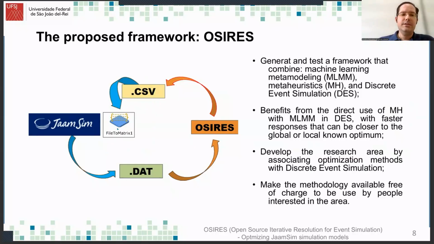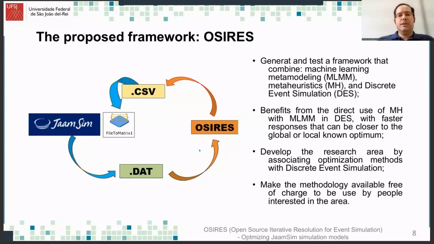So Jaamsim is able to read CSV files for a number of scenarios that you want to test. And then after running all of the scenarios written in the CSV files, Jaamsim generates a DAT or data file with the variables that you want Jaamsim to write in the run output of the Jaamsim model.